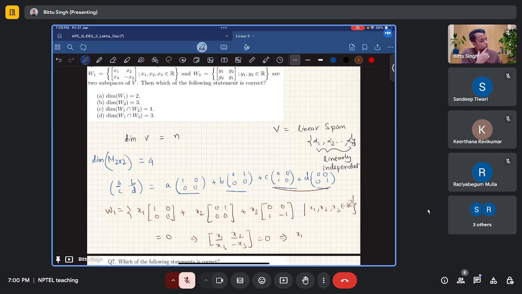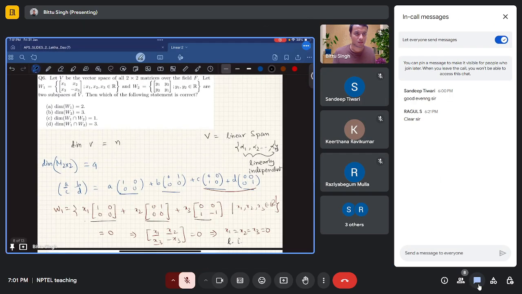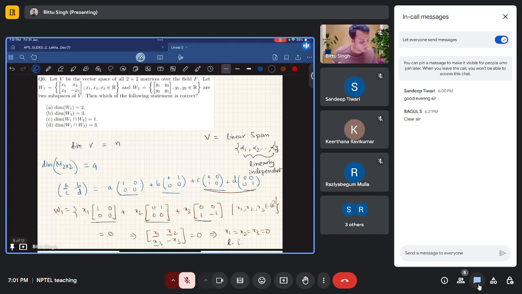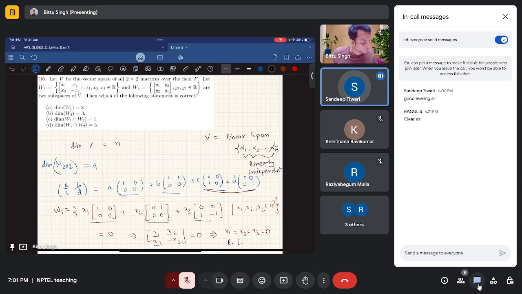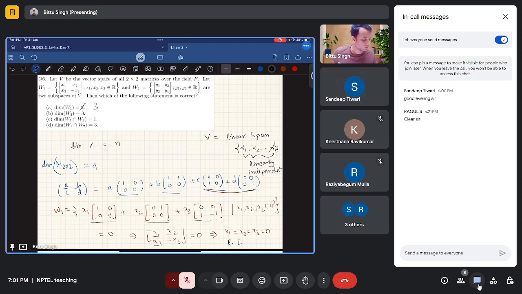So x1 is 0, x2 is 0, x3 is 0, right? Therefore, these 3 matrices are linearly independent and spanning the vector space. From here, what can you say? You can say that the dimension of W1 is 3. So this is actually wrong.